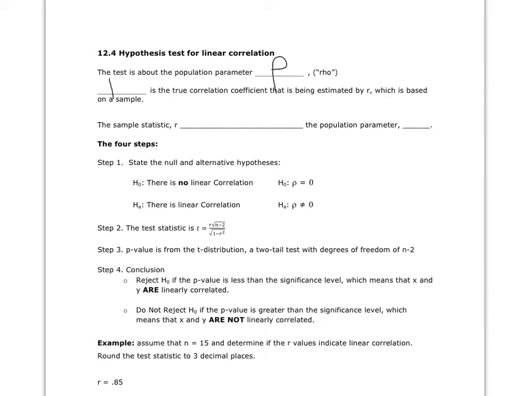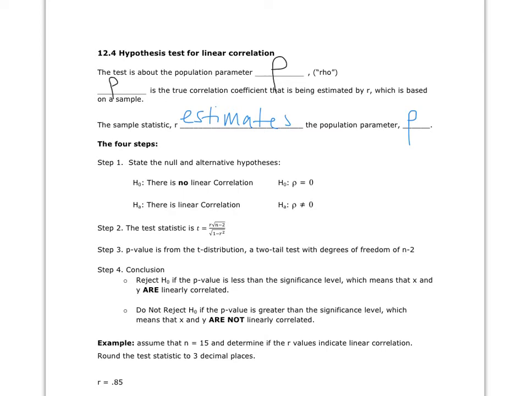And rho is that true correlation coefficient that's being estimated by the statistic R, which is based on the sample data values. So the sample statistic R estimates the population parameter rho, just like X bar estimates mu, and just like P prime estimates P, the population proportion.